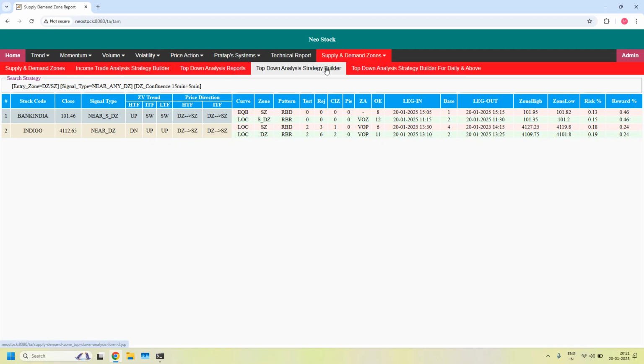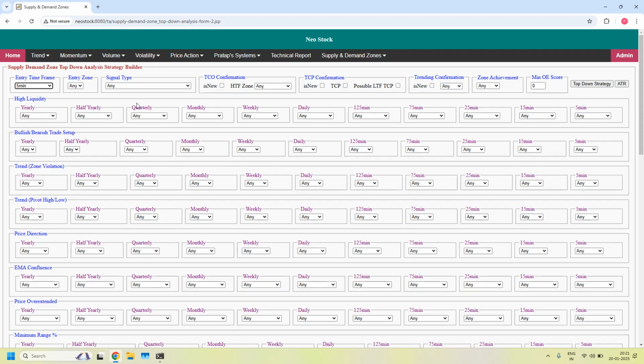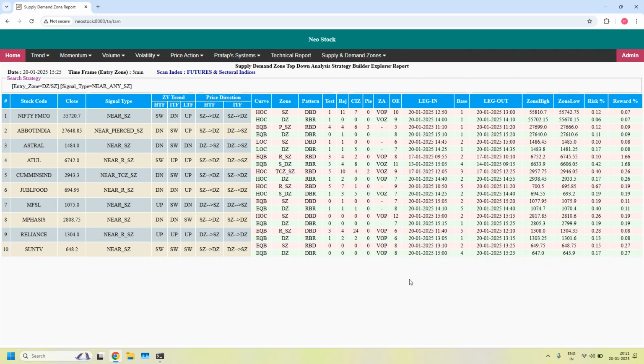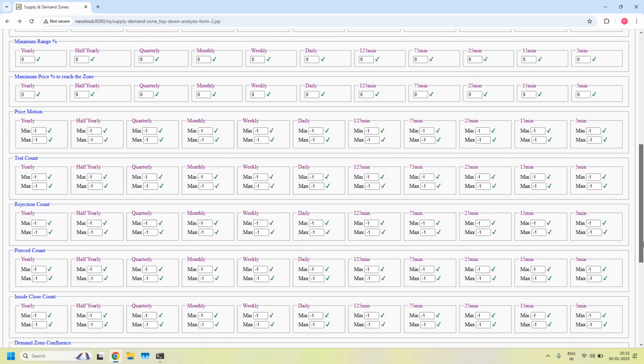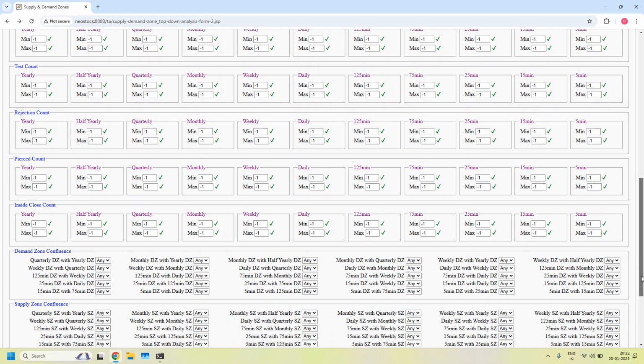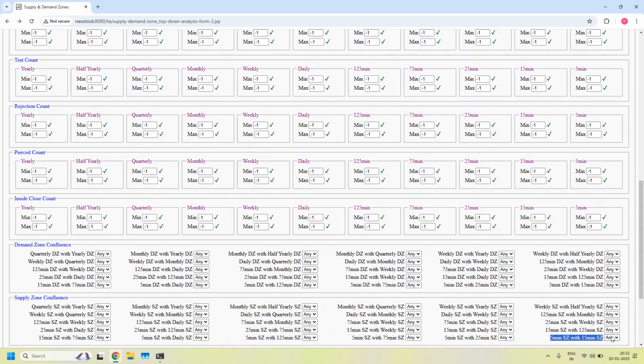Okay, next for 5 minutes time frame, stocks near 5 minutes supply zone, we got 10 stocks. Let's verify how many of these stocks have ITF supply zone confluence. So in the 5 minute supply zone with 15 minute supply zone confluence, I'm enabling the filter.